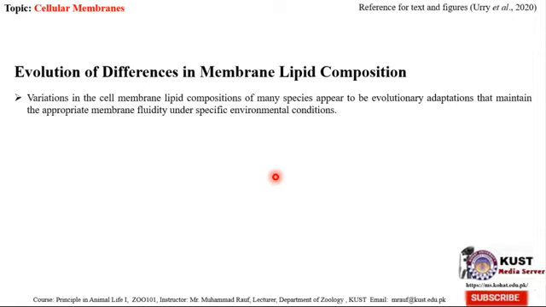The membrane composition of the organelles is also different from one another and from the plasma membrane. So these variations in the lipid composition of the cell membranes of many species appear to be an evolutionary adaptation. Evolutionary adaptation to what? Evolutionary adaptation to maintain the appropriate membrane fluidity under specific environmental conditions.